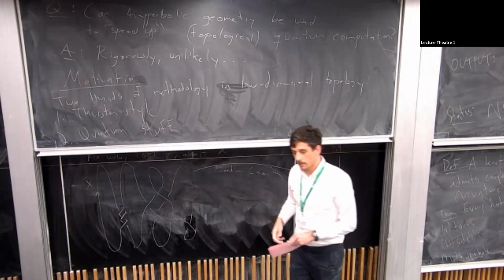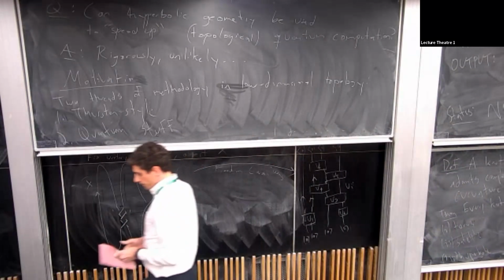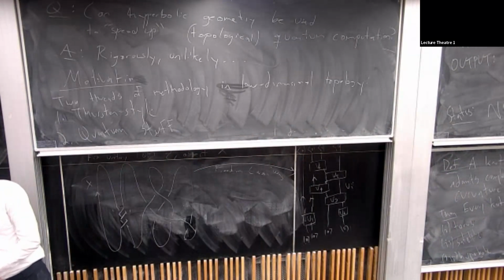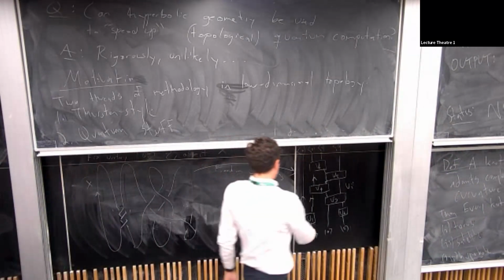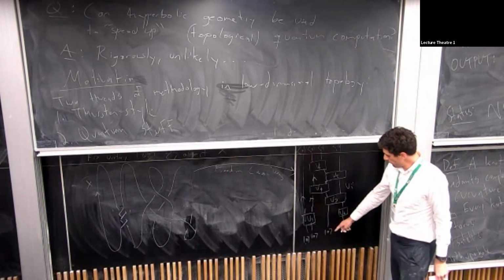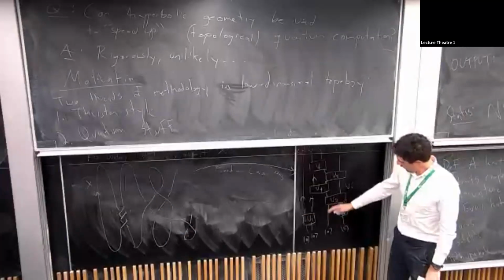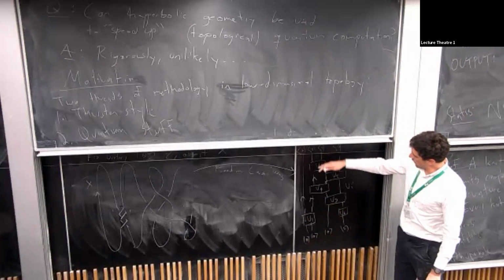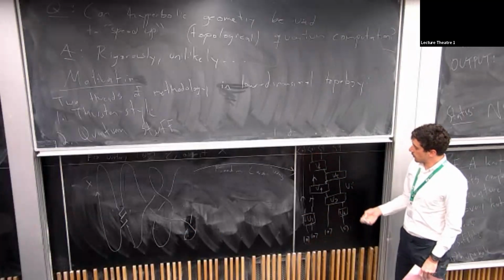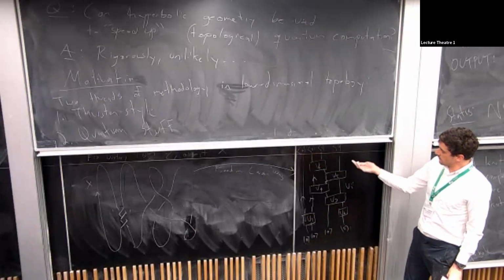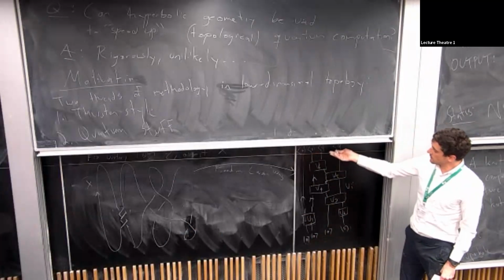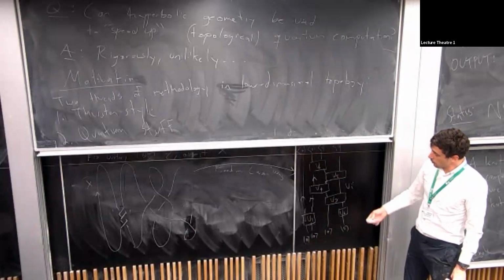In particular, there's an amplitude here, which is taking this state, acting with that unitary, and measuring against that. Once you take its norm squared, you can interpret that as the probability that this quantum computation outputs yes.